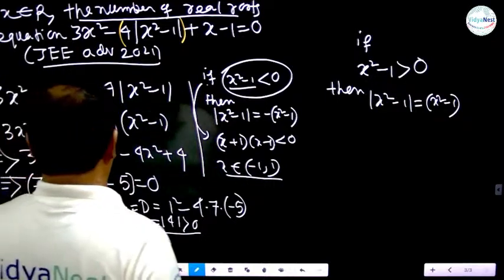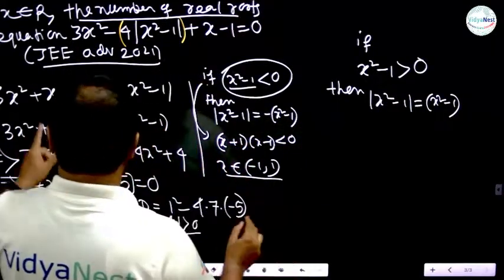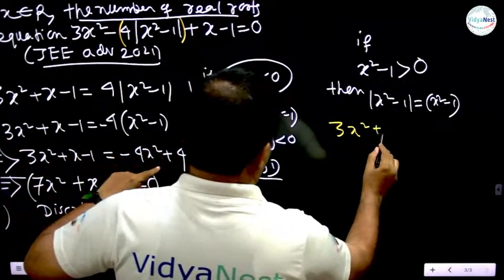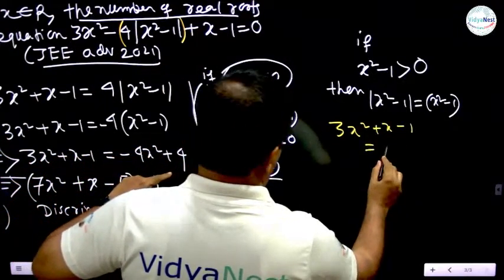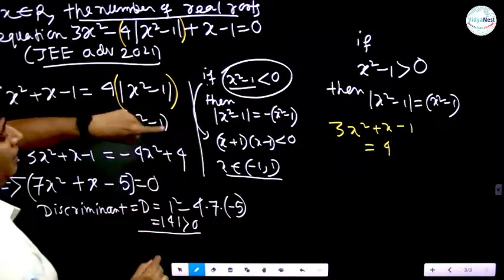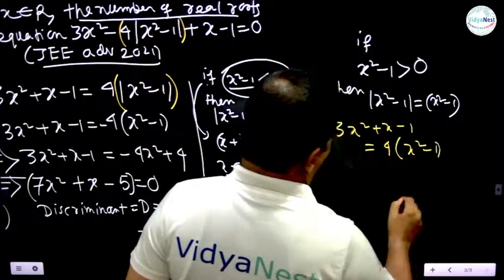In that case, yes sir, that quadratic equation will be turned into what? 3x square plus x minus 1, 4. Instead of mod x square minus 1, I will write simple x square minus 1.